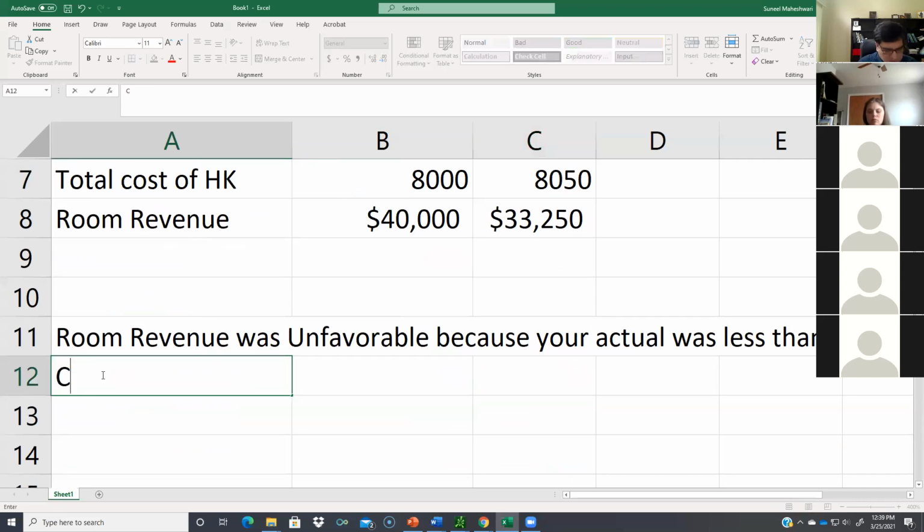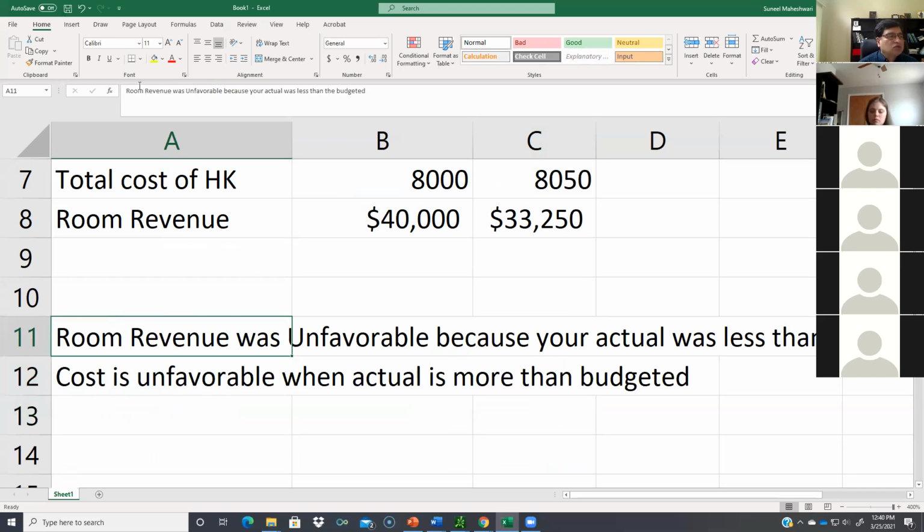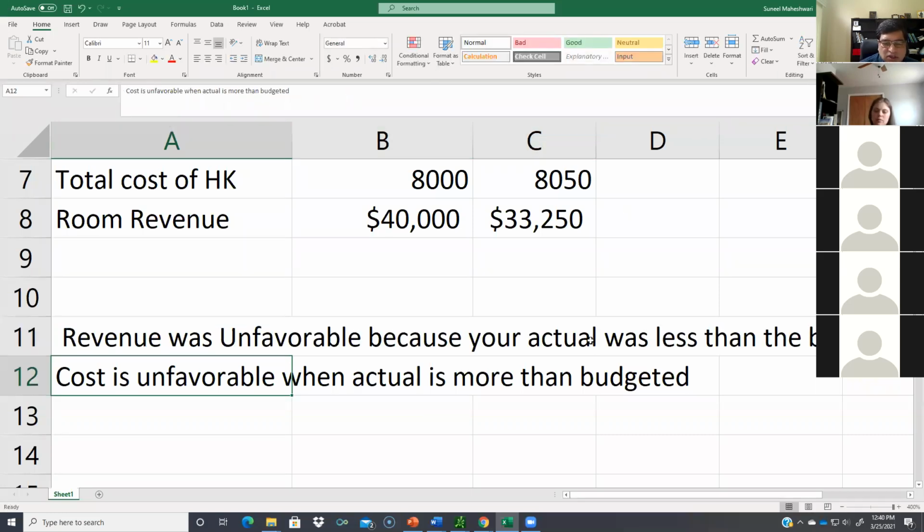So your cost is unfavorable when actual is more than the budgeted, right? So your revenue is unfavorable when actual is less. So you notice the difference between the cost and the revenue? They work opposite to each other. They are opposite in nature, right? You know that from 201 also. Any questions until here?